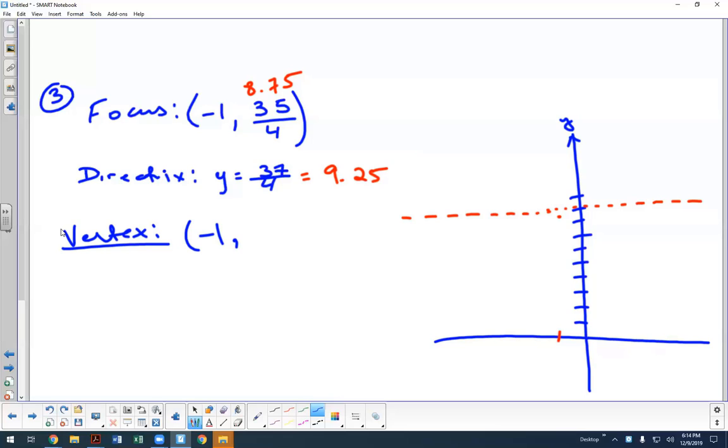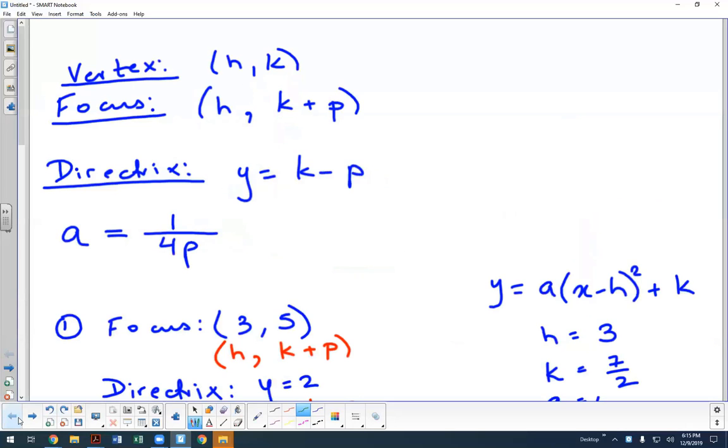And then, as I said, halfway between focus and directrix is your vertex. So to get this number 9, you can basically take 9.25, add 8.75, and then divide that by 2. Okay? Because then you don't have to actually go through.